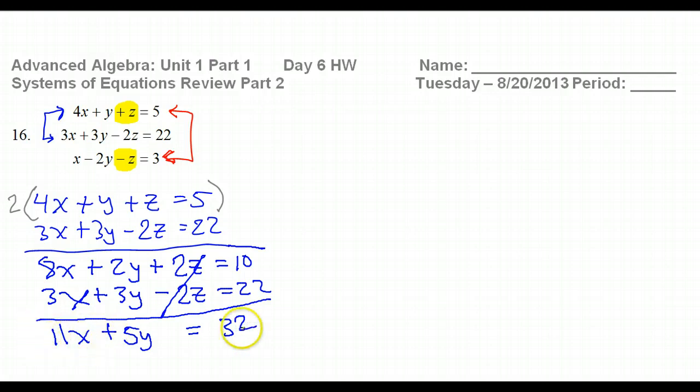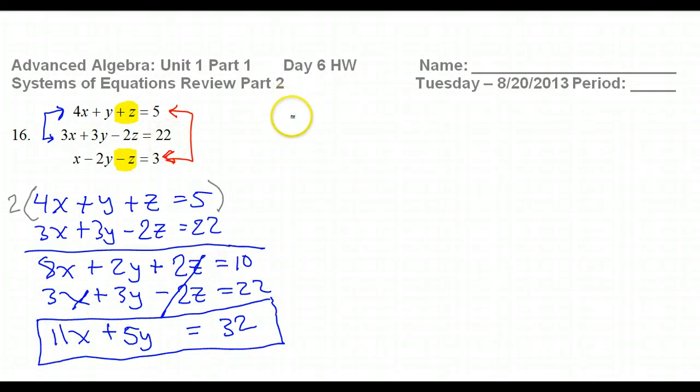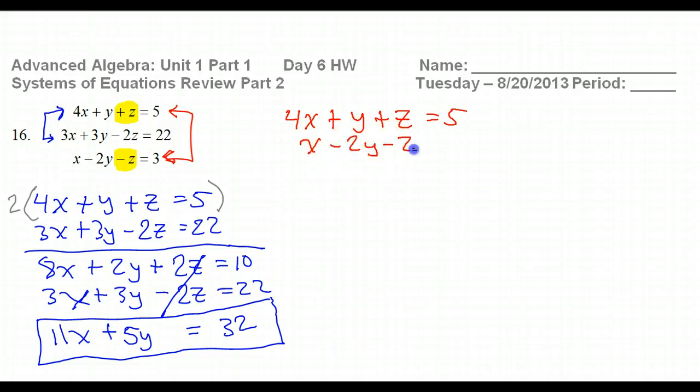Alright, I don't see any common factor, so I'm going to go ahead and put a box around this and save it for later. Let's do the same thing with the red equations. So the red equations are 4x plus y plus z is equal to 5. That's the top equation, and the bottom equation is the other one. So x minus 2y minus z is equal to 3.